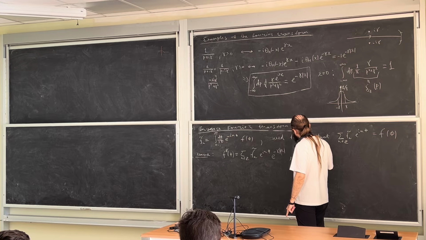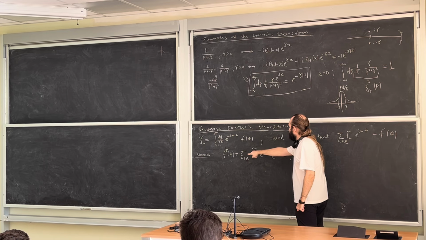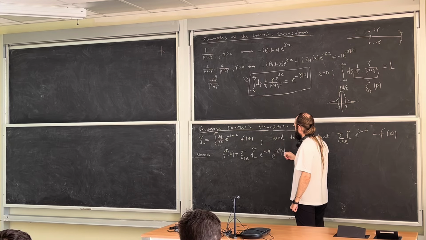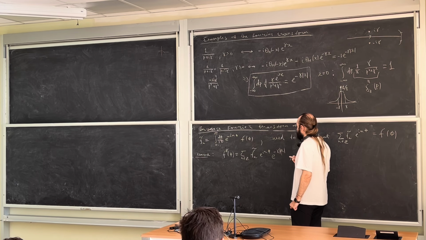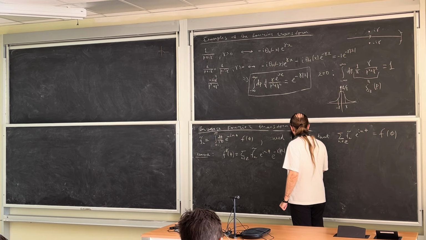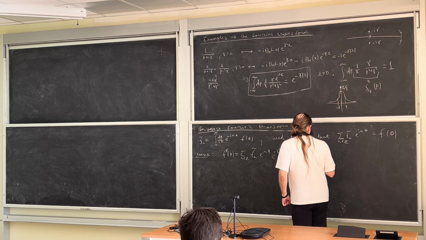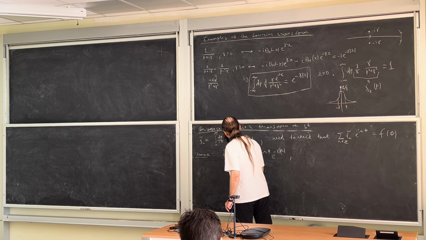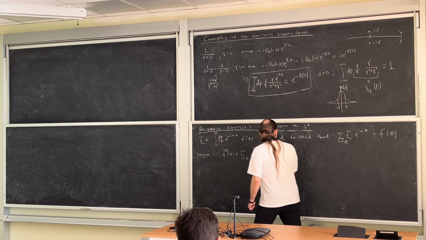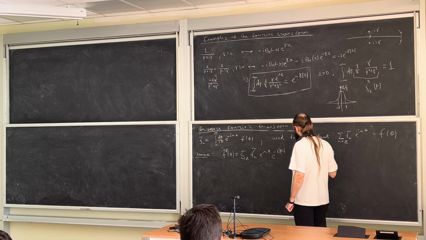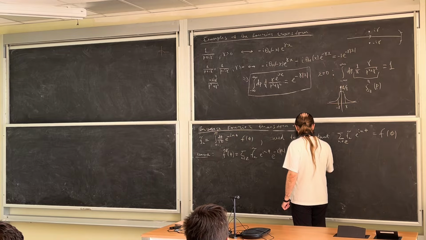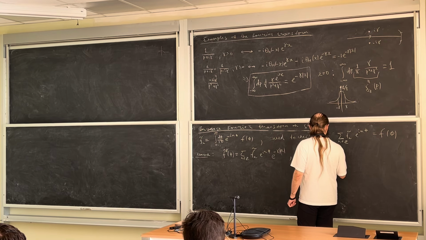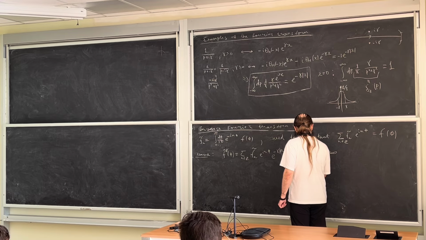So we consider such a function. We also need one more requirement on the coefficients of its Fourier series. Let me introduce such a notation: the sum of absolute values of its Fourier coefficients is less than infinity. In a sense, it's convergent.